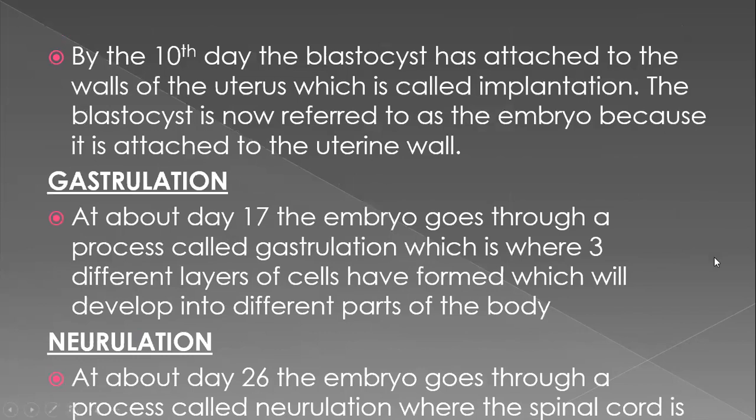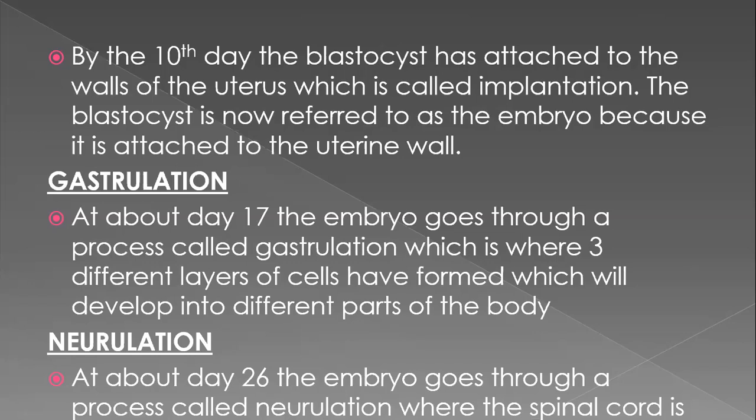By the 10th day, the blastocyst has attached to the walls of the uterus, which is called implantation. There's a vocabulary term you need to use in assignment 3. The blastocyst is now referred to as the embryo because it is attached to the uterine wall. Next stage, gastrulation.